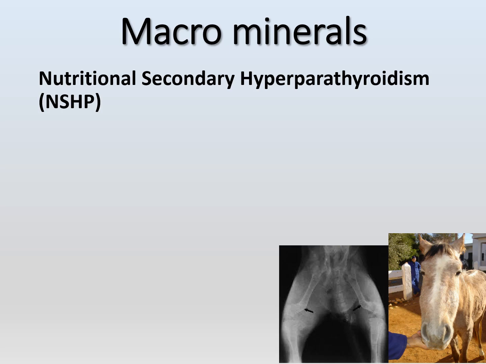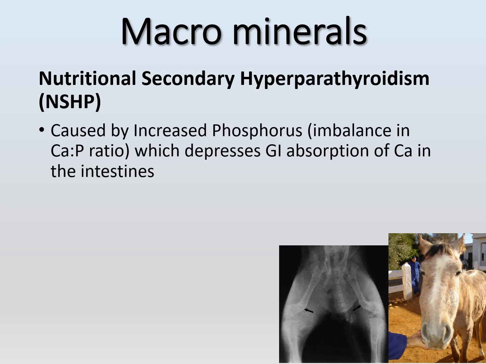Now, another disorder that we see that is similar to metabolic bone disease, but due to a different cause, is called nutritional secondary hyperparathyroidism. If you think of hyperparathyroidism, that means too much parathyroid hormone.